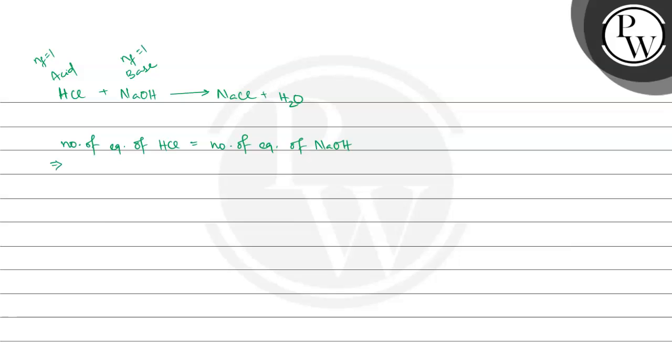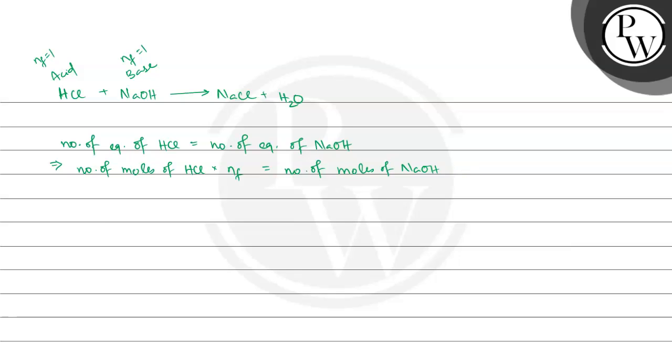So we can write number of equivalents of HCl is equal to number of moles of HCl multiplied by N factor, which is equal to number of moles of NaOH multiplied by the N factor, और दोनों के N factor 1 है.